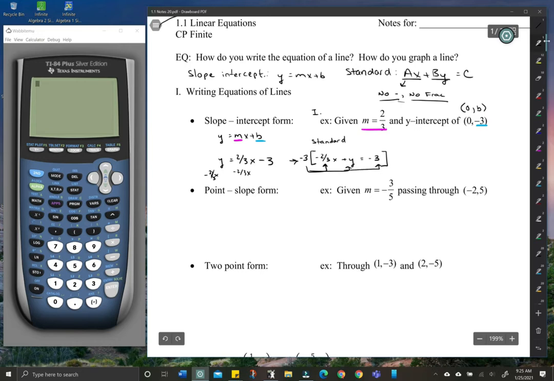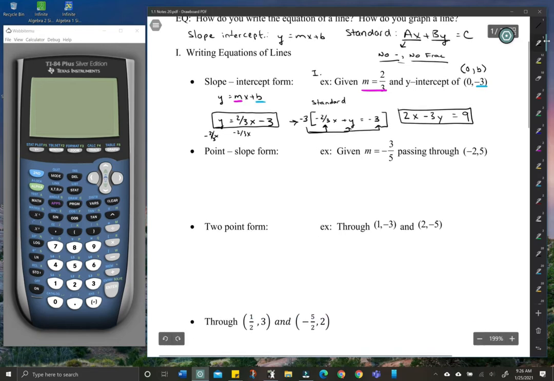So that'll make it 2x minus 3y equals 9. Okay, so be careful distributing. This is the standard form equation, and this is the slope-intercept form. So you should be comfortable in both. They can be useful in different ways in the future.